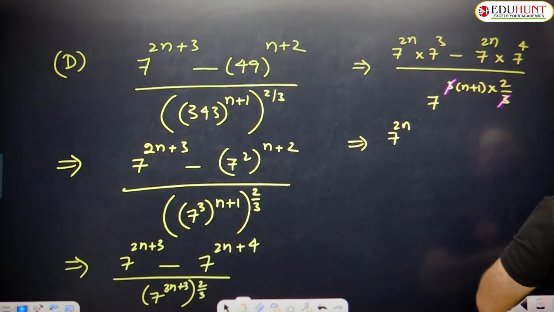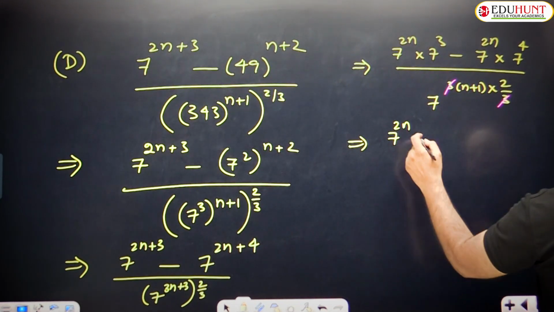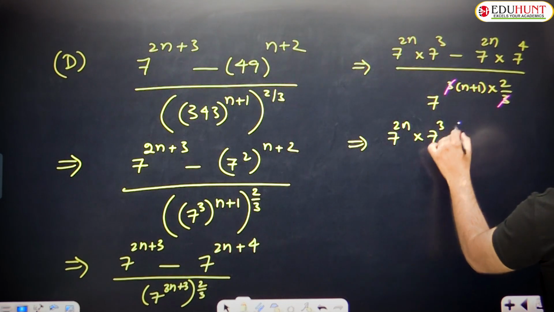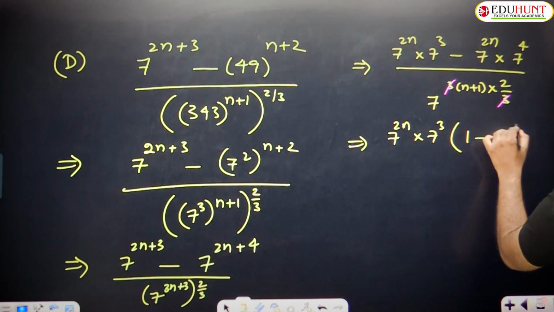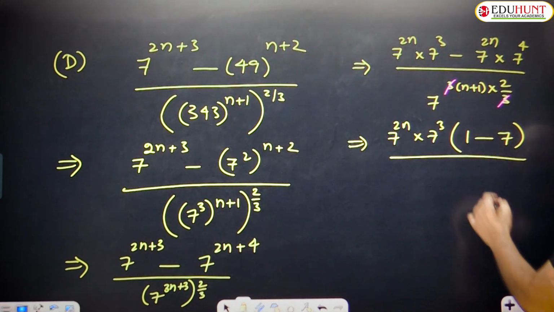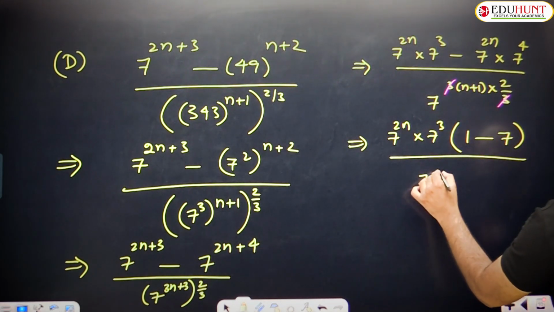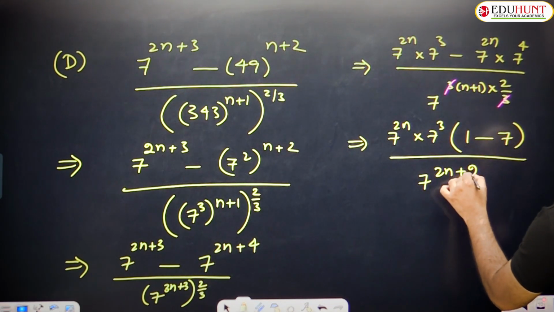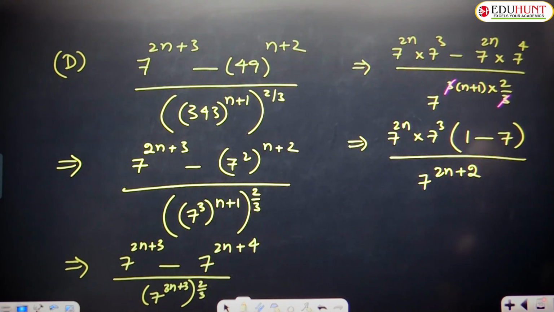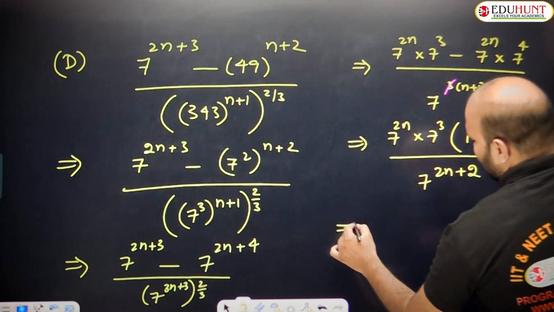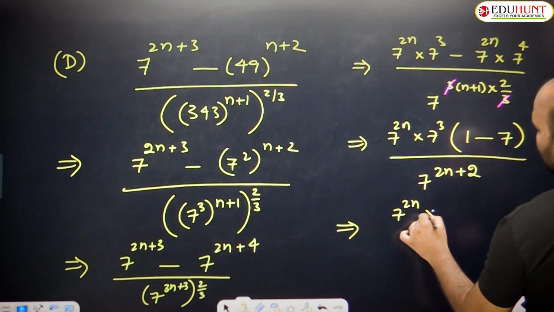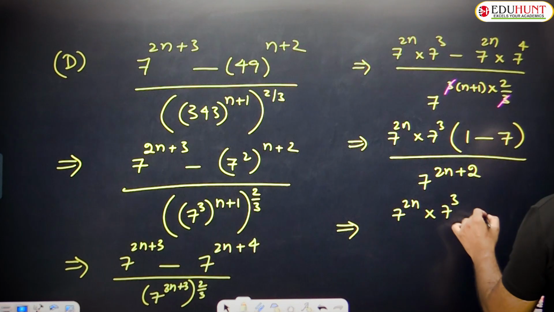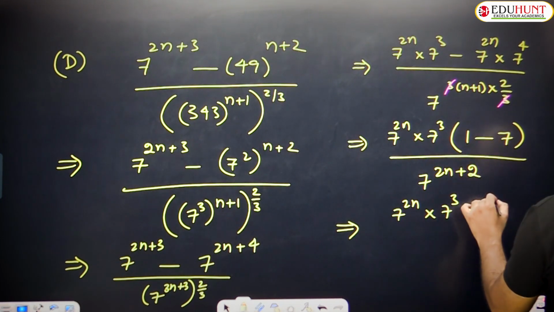Am I clear? 2 power n, again 7 cube, taking common, 1 minus 7 only, whole by 7 power 2n plus 2. Am I clear? 2n plus 2 is n into 2 plus 1 into 2. Therefore it can be written as 7 power 2n into 7 cube into 1 minus 7, nothing but minus 6.